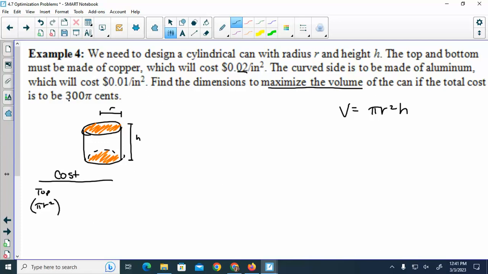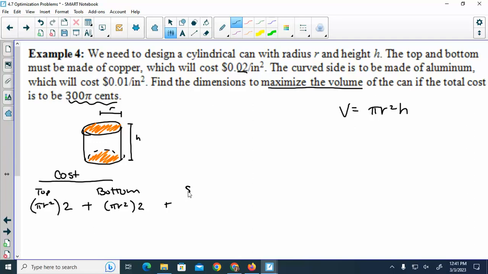Since my total cost is in cents, I don't have to do the 0.2, I can just say 2. Okay, the bottom. The bottom is also a circle, so area of that is pi r squared. And the cost to make the bottom, it's also copper, so it was 2 cents as well. Okay, I'm trying to get my total cost, so we have to add these together.